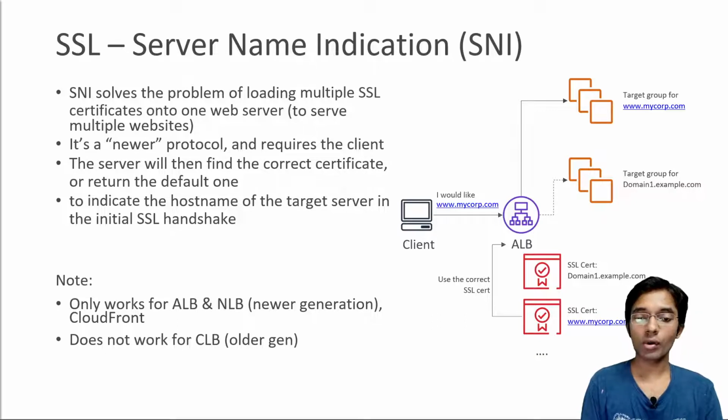It's a newer protocol, and it requires the client to indicate which host name it's trying to connect to during the initial SSL handshake that we saw. Then the server will find the correct certificate, or it will return a default one if it doesn't find the correct SSL certificate.